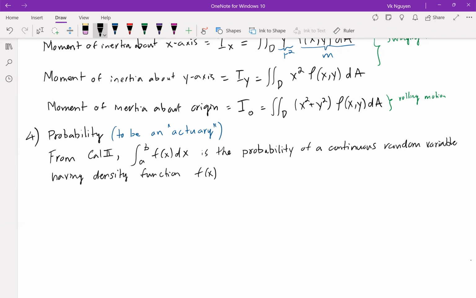Okay, just a little review for you. In order for fx to be the density function, the integral from negative infinity to infinity of fx dx must be exactly 1.